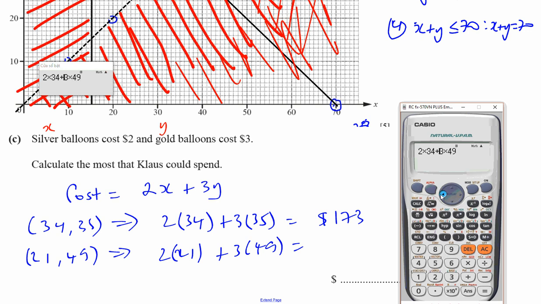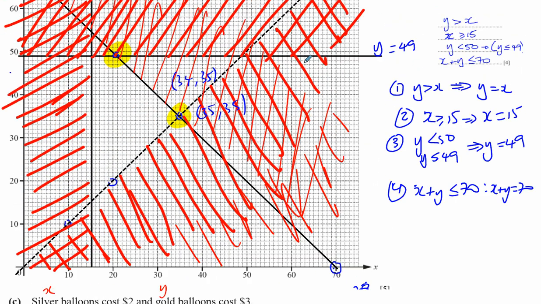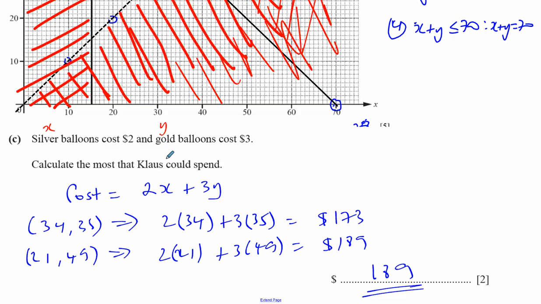I'm going to delete that 34 and put 21, and delete this and put 49. 2 times 21 plus 3 times 49 equals $189. $189, and I hope that's the right answer. We'll find out when the marking comes out. A lot of it depends on the accuracy of your drawings. So there we have part C done, and we've done question 6 now. Thank you for listening.